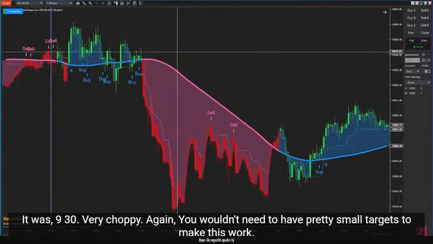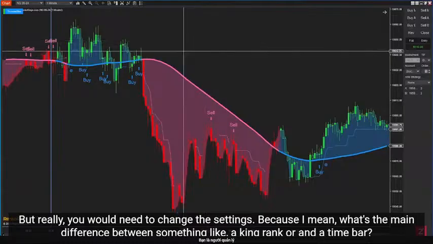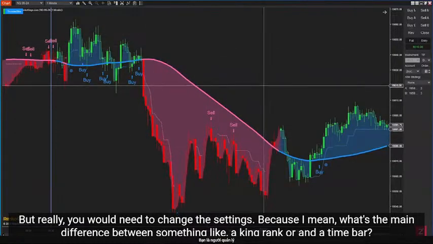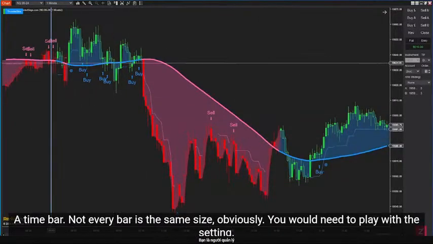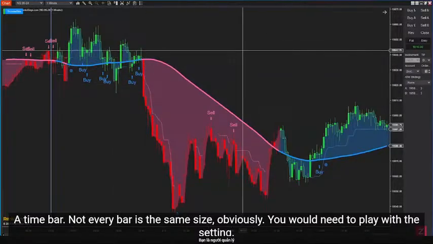Very choppy. Again, you would need to have pretty small targets to make this work, but really you would need to change the settings. What's the main difference between something like a King Renko and a time bar? A King Renko, you know exactly where it's going to start, where it's going to end, right? A time bar, not every bar is the same size, obviously. You would need to play with the settings.